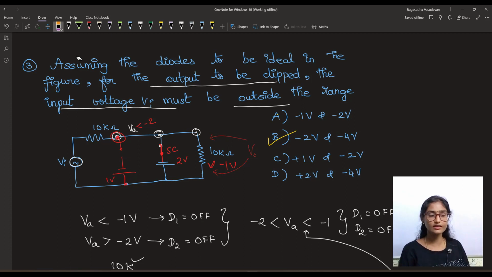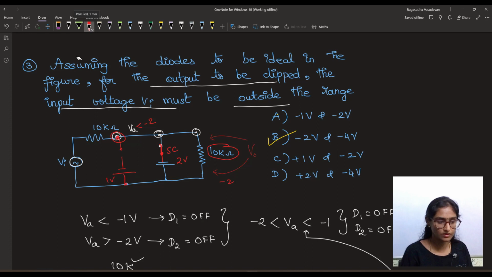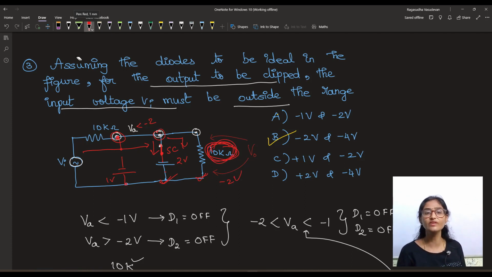So at this instant, what happens? Minus 2 volt appears across this 10 kilo ohm, because this branch is in parallel with this branch, and this is open circuited, so the current will come here, it will divide here, and the voltage across this is the same as the voltage across this 10 kilo ohm. So this will be minus 2 volt. So either way, there will be one diode which is operating, and ensure that there is no clipping happening in the V0.